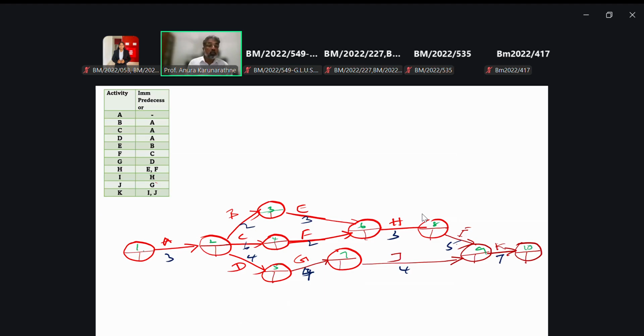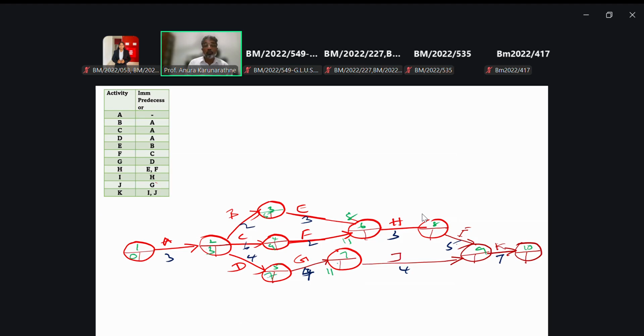Now we can record time as 0 as per the forward pass approach. 0 plus 3, that is 3. 3 plus 2, that is 5. 5 plus 3, that is 8. 3 plus 6, that is 9. 9 plus 2, that is 11. 3 plus 4, 7. 7 plus 4, 11.